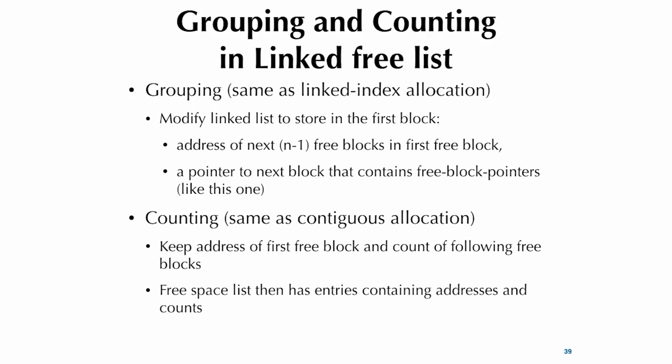And if you need more, you can have another link to another index. Now, counting would be to keep the address of first free block and count the following free blocks. And the free space list then has the entries containing the addresses and the counts.